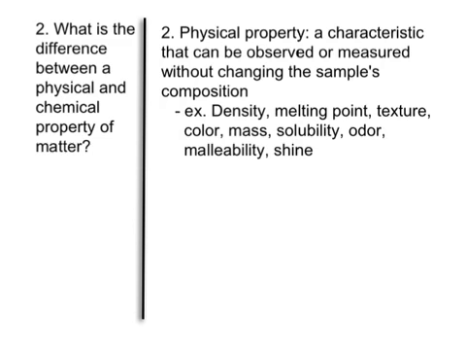Well, when you take a mass and a volume of something, you're not changing the chemical composition. All of the atoms and molecules stay where they are. Okay, so density is a physical property. Again, melting point or freezing point are physical properties. Texture, color, mass, solubility, okay, how well it dissolves, odor, malleability, and shine are all physical properties of matter.